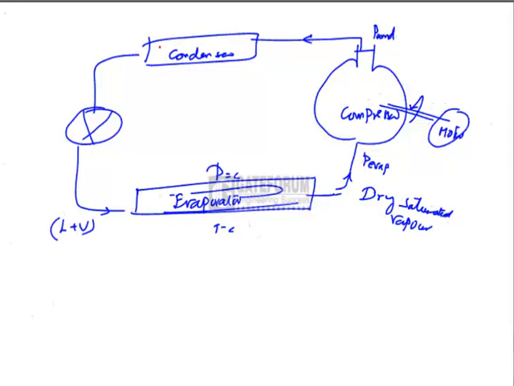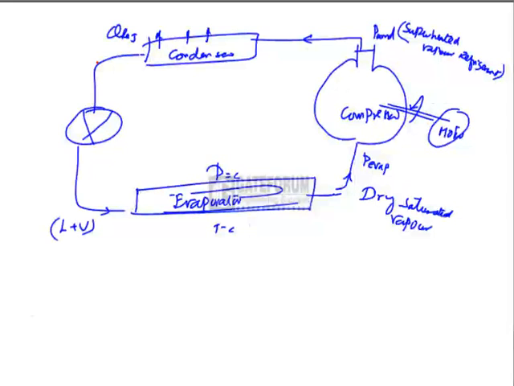In the condenser, the refrigerant rejects heat. The superheated vapor refrigerant leaves. The refrigerant rejects heat in the condenser.